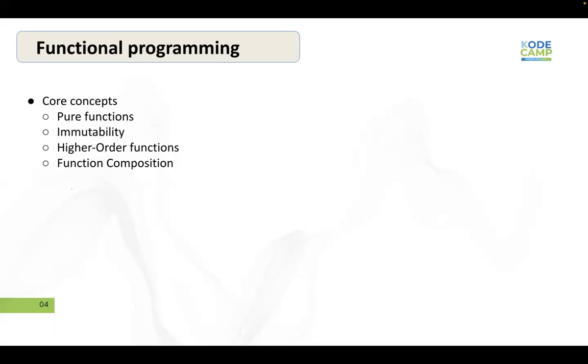And functional programming also has principles. Number one, it prefers pure functions over impure ones. The second, it uses immutable data structures. The third, it leverages function composition for complex operations. It treats functions as first-class citizens.